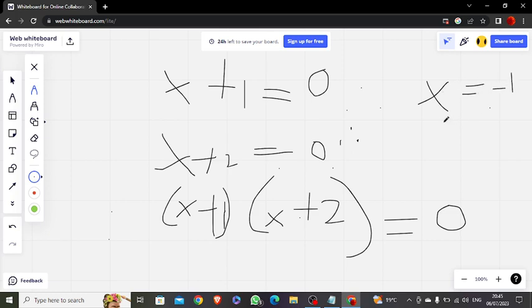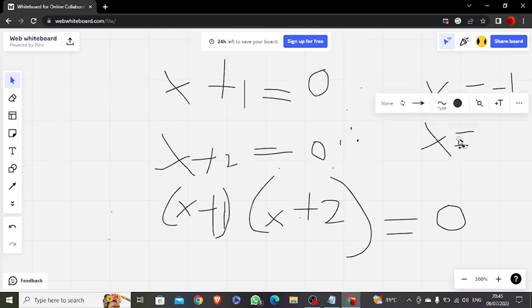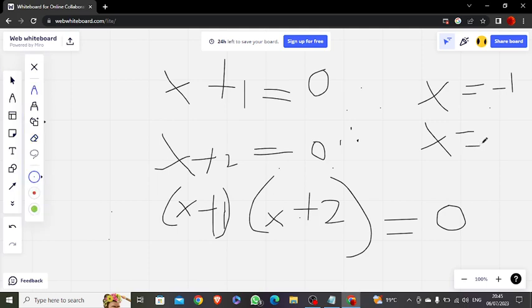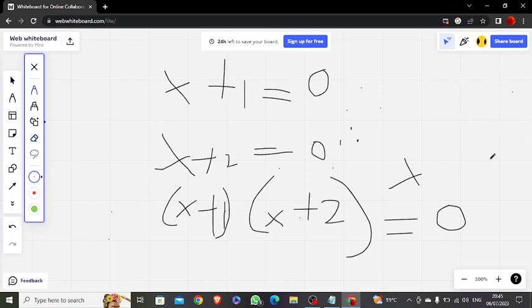I think you know simple algebra. x equals minus 2. And you can simplify this, contract this basically into 1, which would be like this: x equals minus 1, minus 2.